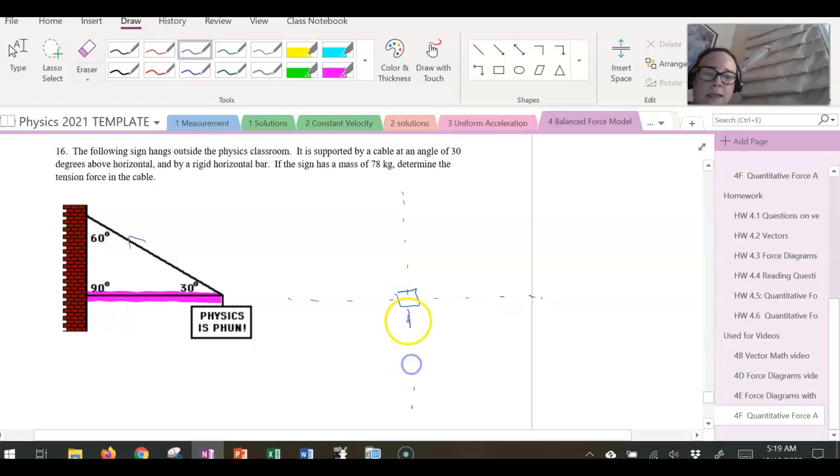So the sign has a weight, and I'm able to calculate that amount because they gave me the mass. And so it has a weight of 78. I calculated that wrong.